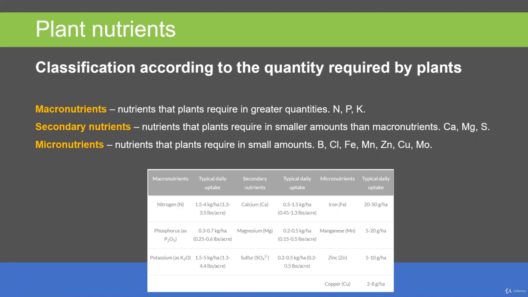We can compare it to iron, which the typical daily uptake is between 20 to 50 grams per hectare. So you can see the difference between micronutrients, macronutrients, and secondary nutrients. This gives you an idea about the uptake rates of different nutrients.